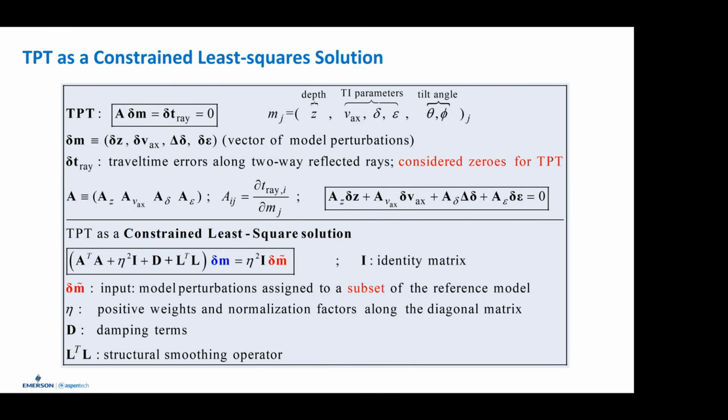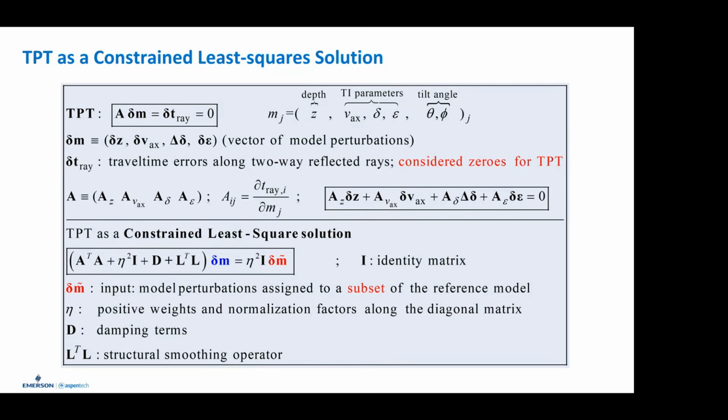Eta is a kind of positive weight, a normalization factor along the diagonal matrix that makes the solution more stable. We have the damping terms, so we don't want very oscillating solutions that are, from our perspective, not physical.